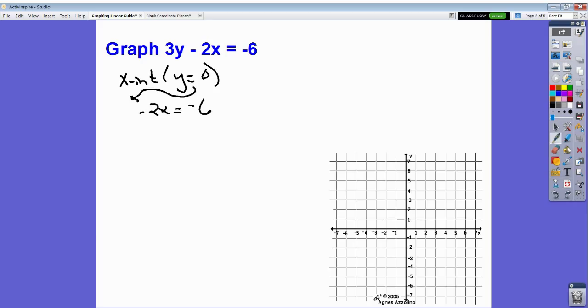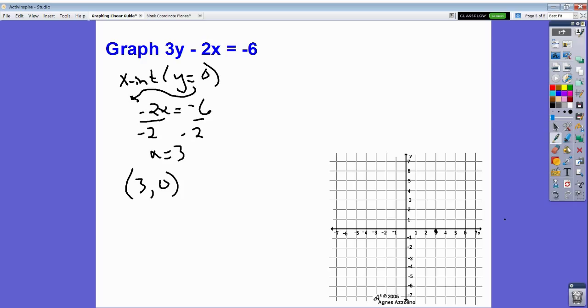And so I have a negative 2 in front of the x. I divide both sides by negative 2. And we get x is equal to a positive 3. So we have positive 3, 0. So I go over here, put that first dot there.